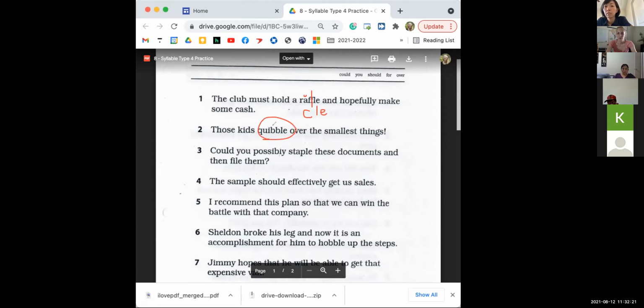We're going to divide our syllable to the LE. And here we have another closed syllable, so our short I sound. And remember, the QU works together, qua. So this is quibble. Those kids quibble over the smallest things.